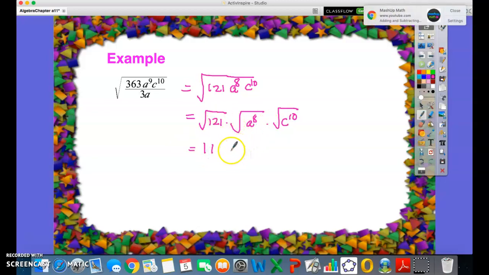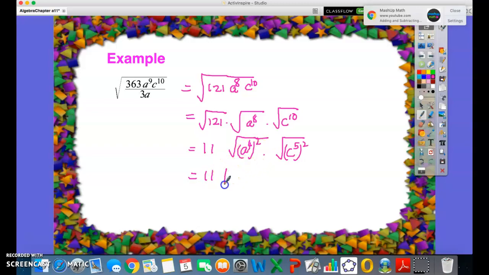This one I'm going to rewrite as a to the power 4 squared times c to the power 5 squared.